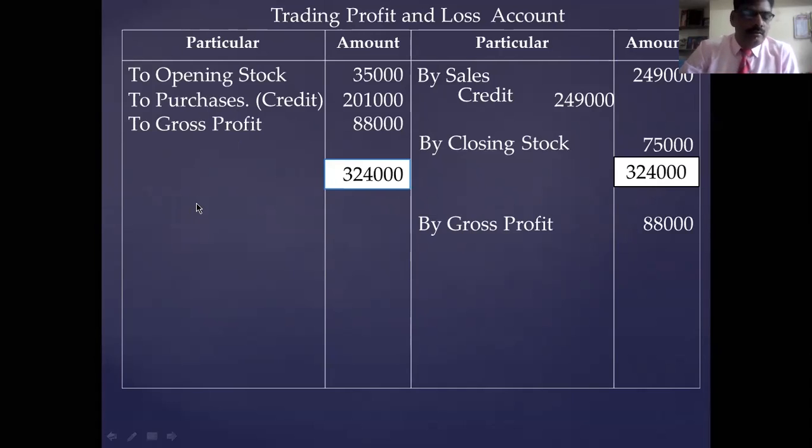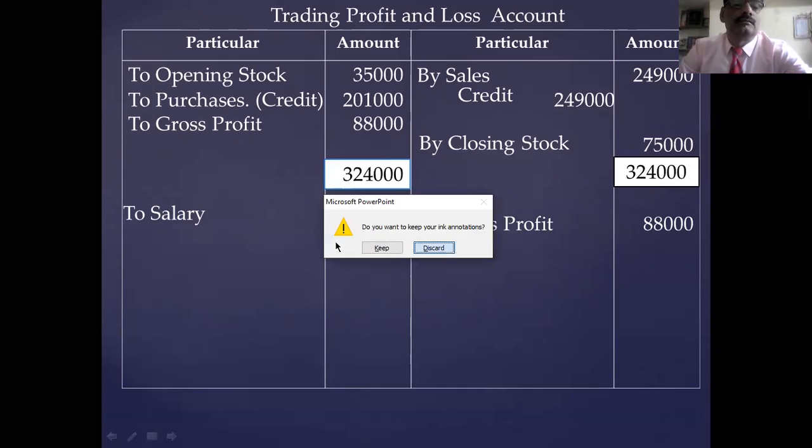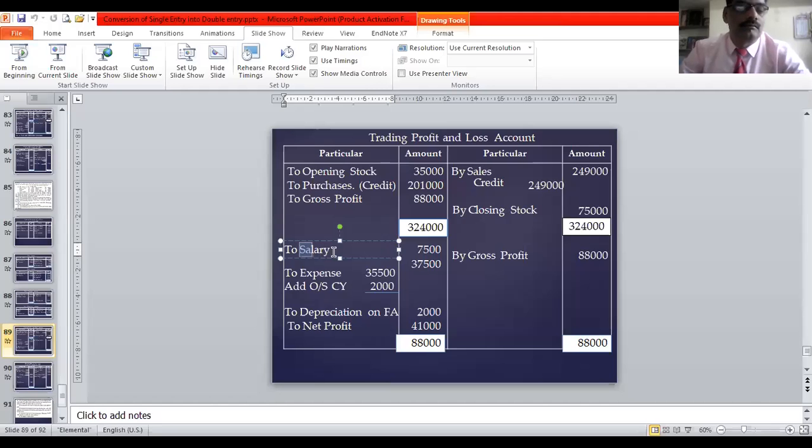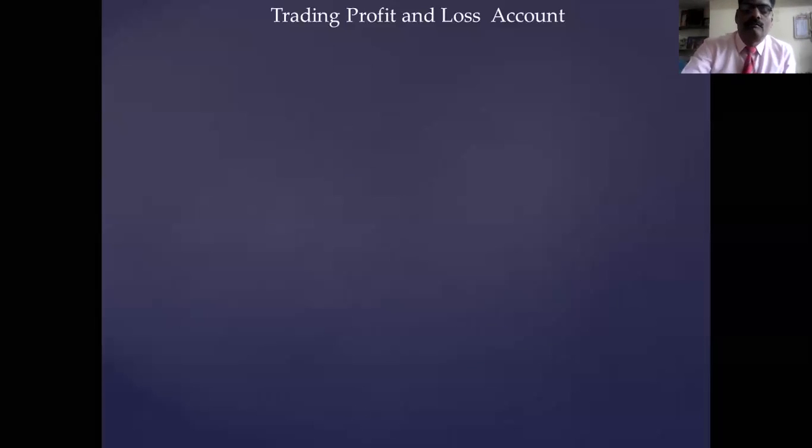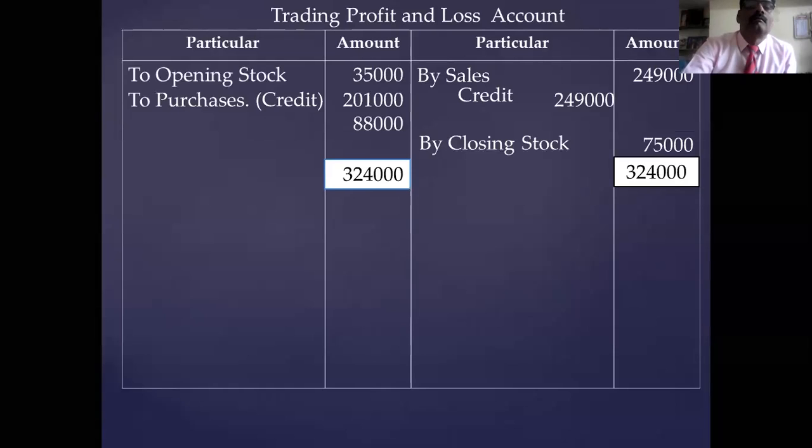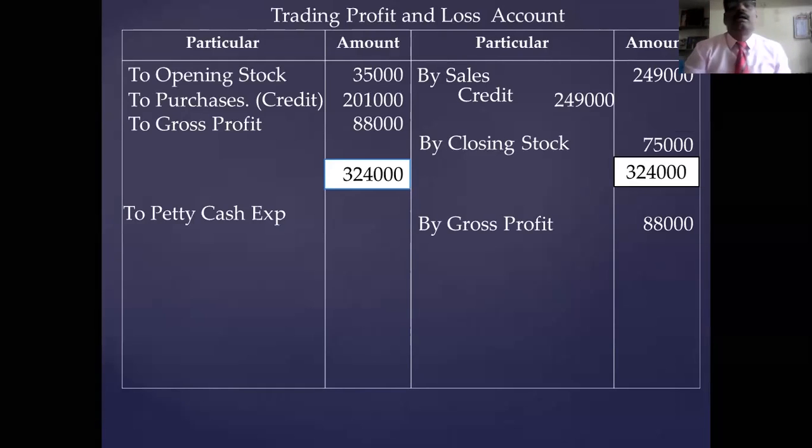The first item in the P&L account is cash expense.